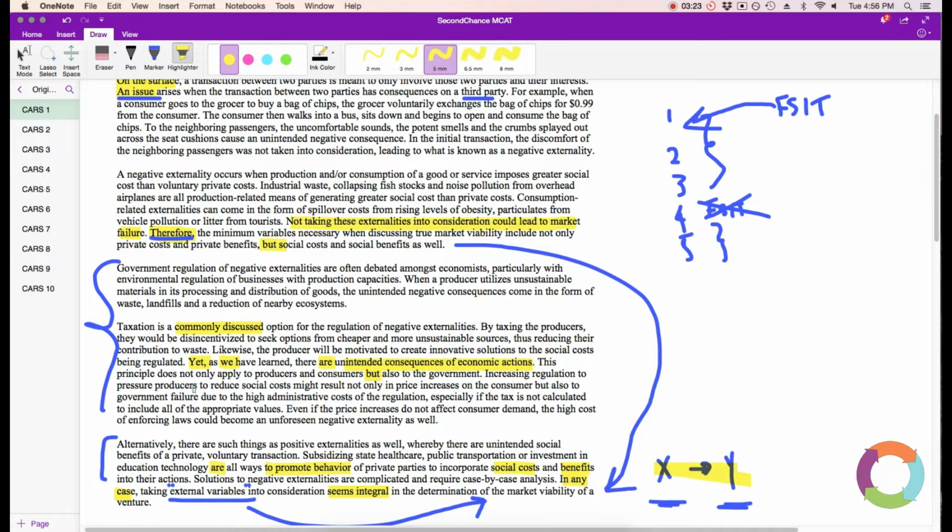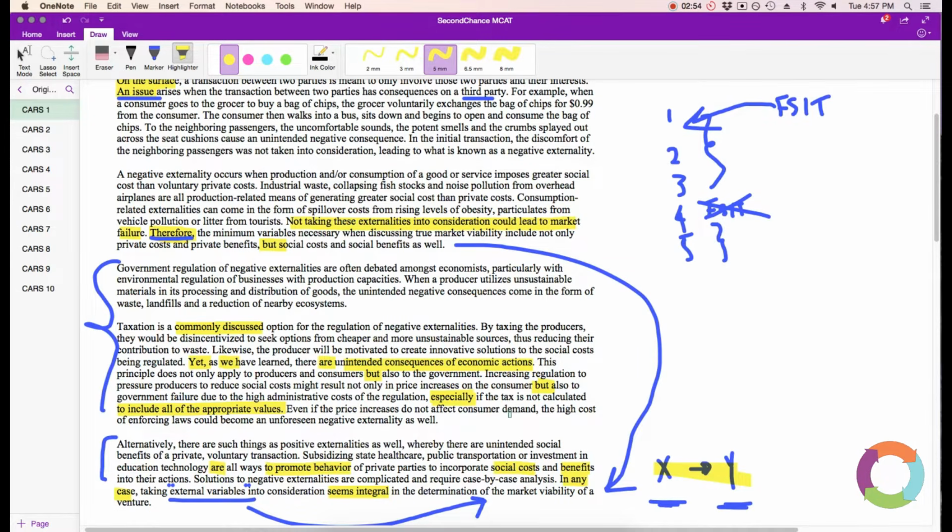Increasing regulation to pressure producers to reduce social costs might result not only in price increases for the consumer, but also in government failure due to the high administrative cost of regulation, especially, and that's a really important emphasis, if the tax is not calculated to include all of the appropriate values. So again, the idea of including all the appropriate values is really important to the author.